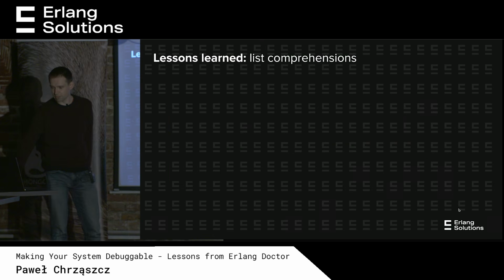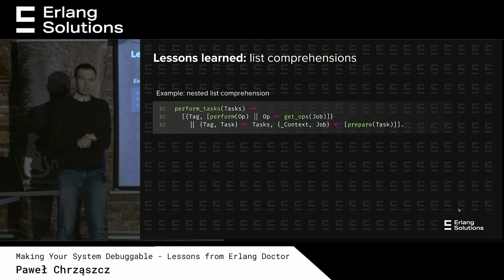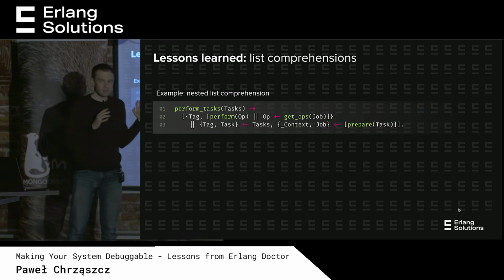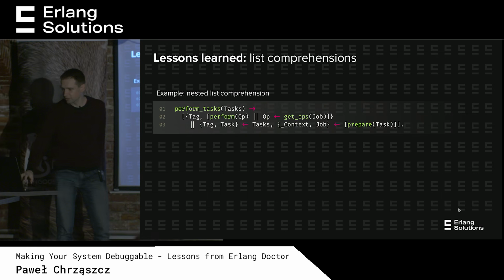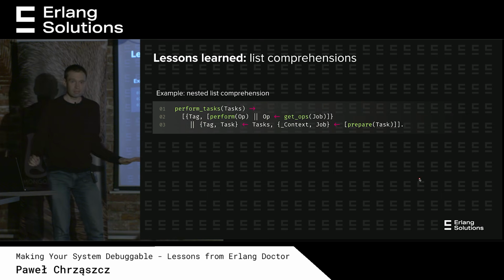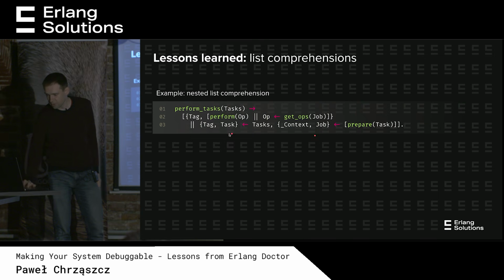So let me give you an example. There is a list comprehension, and I wanted to clarify that I have nothing against list comprehensions. I'm using them also, but it's just an example, right? I wouldn't say this code is bad. You have so-called tasks, and the list contains tagged tasks.